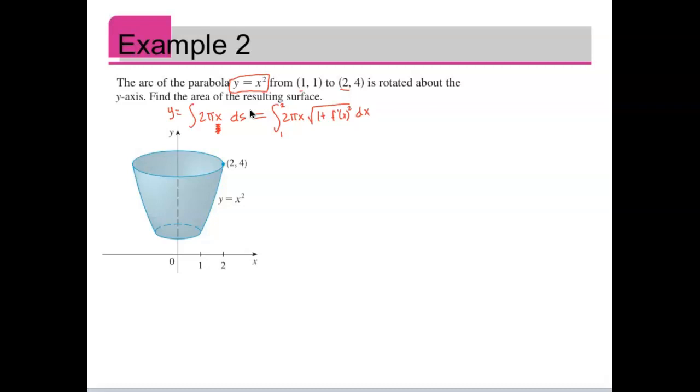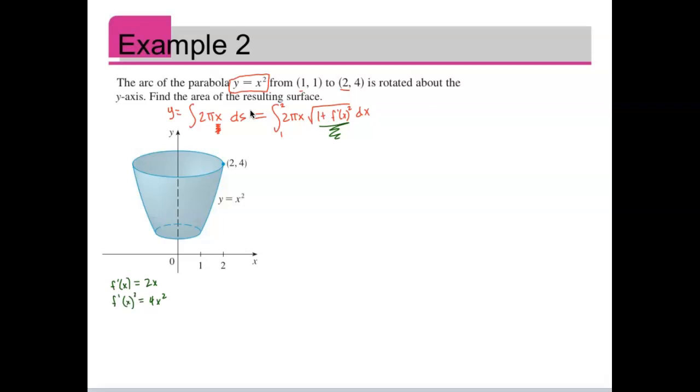All right, well, let's try it. I can pull out the 2 pi. Oh, what? Before we do that, let's get what's going on underneath there. So let's find f prime first. So f prime is going to be easy enough, 2x, right? Square that. That's 4x squared.